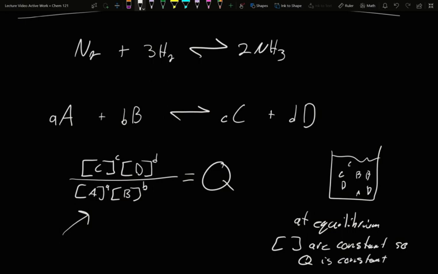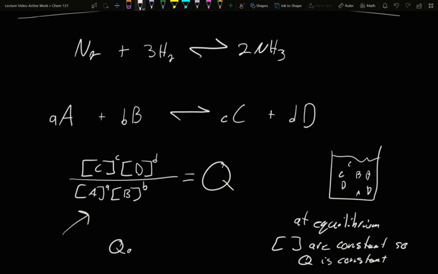So if you could watch a reaction happen, and then you look again 2 minutes later and you see that the amounts are different, you would calculate a different Q value. Watch it again another 2 or 3 minutes later and they've changed again, you have a new Q value. But eventually, you'll start watching and every 2 minutes later, it's the same concentrations, it's the same Q values. This is when you have reached equilibrium.